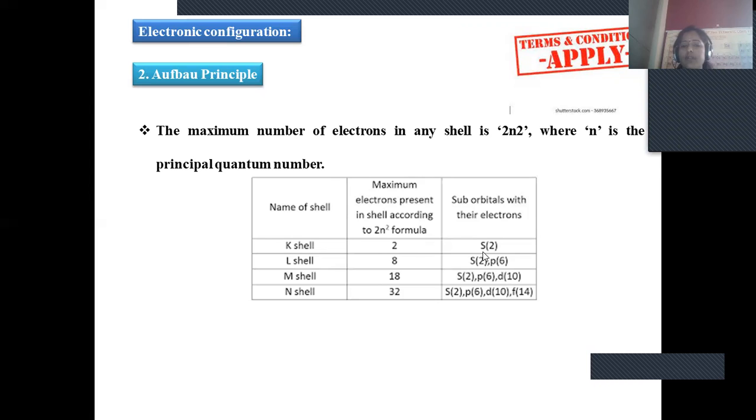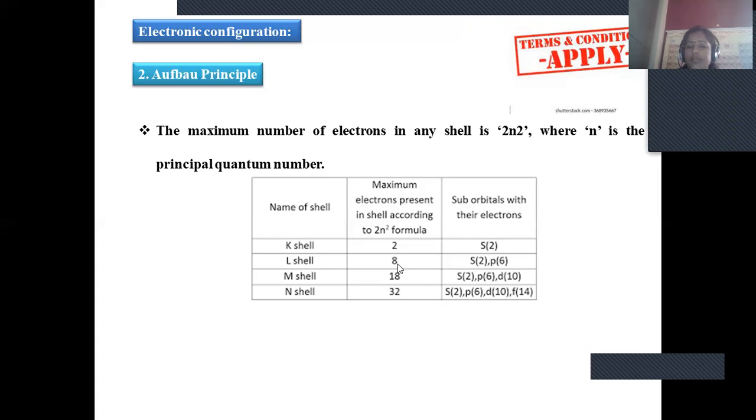The K shell has only 1 orbital, the 1s orbital, with a maximum capacity of 2. When you move on to the L shell, composed of 2s and 2p, n value is 2. 2 into 2 square, 2 square means 4, 4 into 2, so the total possibility of main shell electrons is 8. The L shell is accompanied by a maximum of 8 electrons.